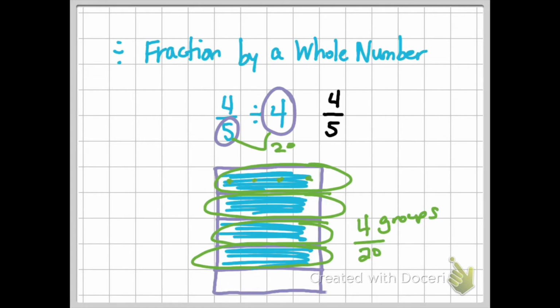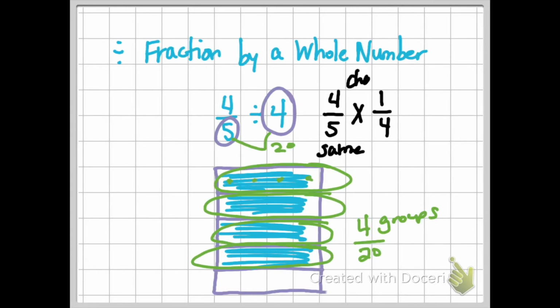What ended up happening is that because we divided it into 4 groups, we ended up multiplying, which is the inverse of division, by 1/4. Flip, which is the reciprocal. Fraction stayed the same.